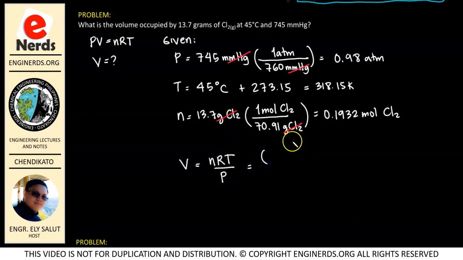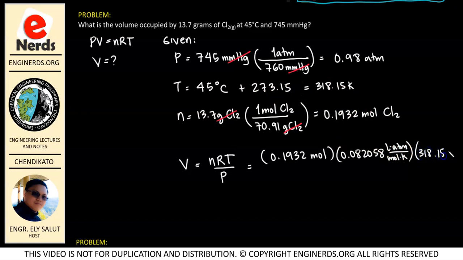So now let us substitute our values. For our n, we have 0.1932 moles. For our R, we have 0.082058 liter atmosphere per mole Kelvin. So sabi ko nga, dapat kabisado natin yan, ano? For temperature, we have 318.15 Kelvin.